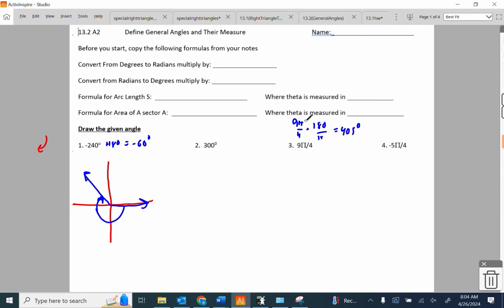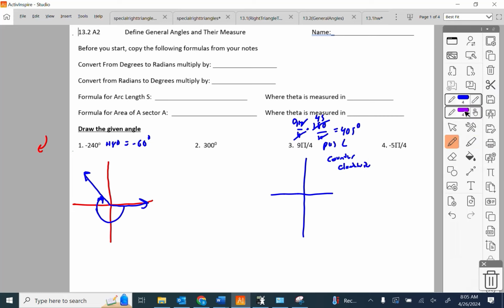Now what I would have done is I would have said, okay, 4 goes into 180 45 times. 9 times 40 is 360, 9 times 5 is 45, 360 and 45, 405. But that's me. And this is a positive angle, which means it rotates counterclockwise. So we're going to start on the positive x-axis, just like we always do.